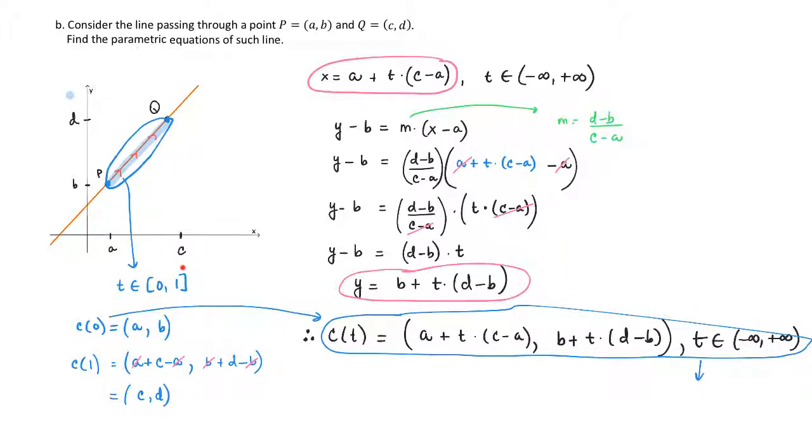But if you don't restrict t, if you let t consist of all real numbers, this set of parametric equations will trace through the entire line. They will parameterize the entire line.